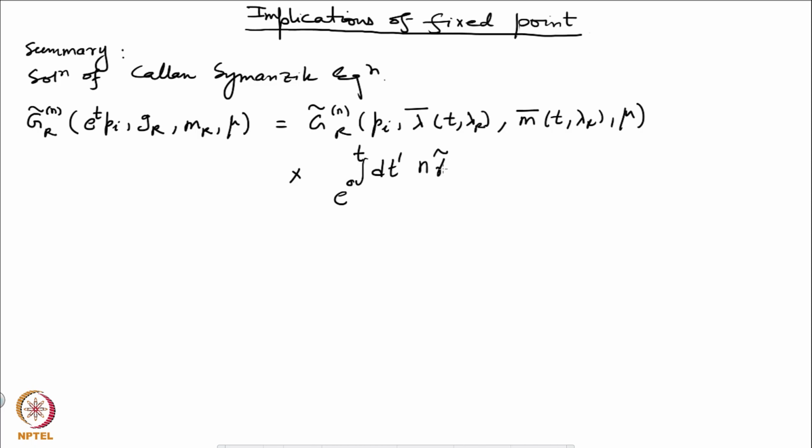And gamma tilde. I'm not putting a phi this time so that it is more generic, but we will still keep thinking that it is related to the field phi.